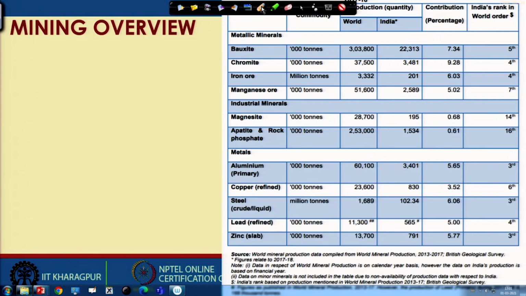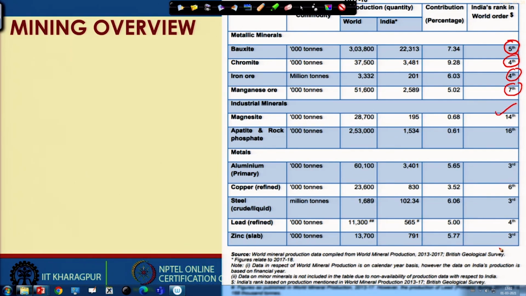India stands 5th for bauxite, 4th for chromite, 4th for iron ore, 7th for manganese ore, and there are different industrial minerals, with metal-wise positions given.